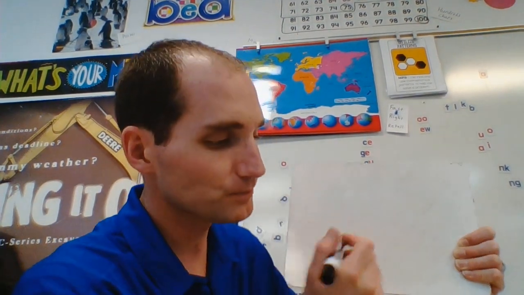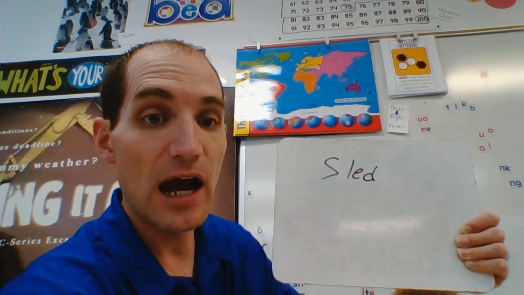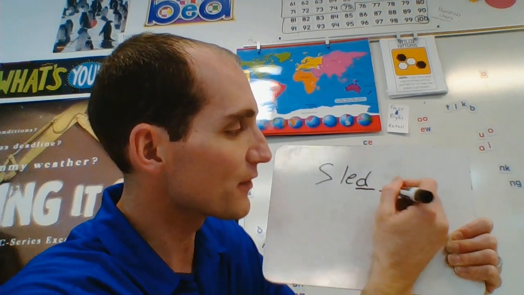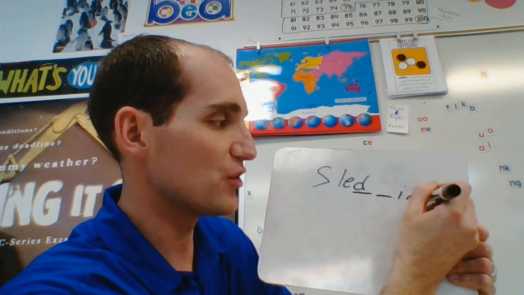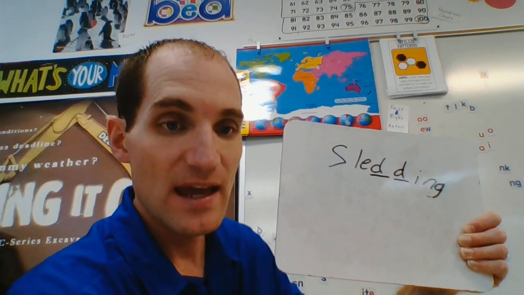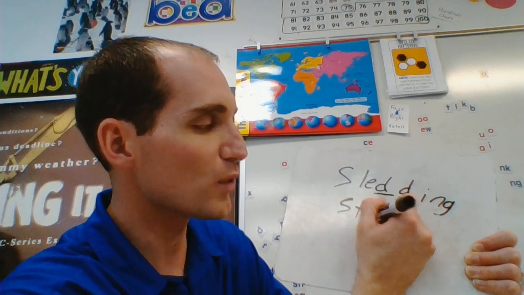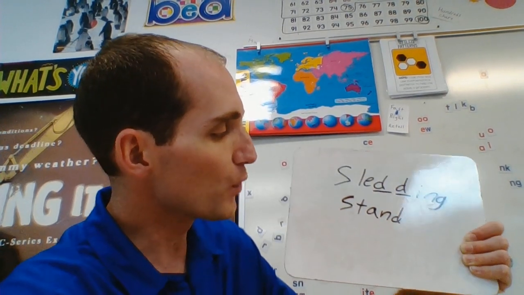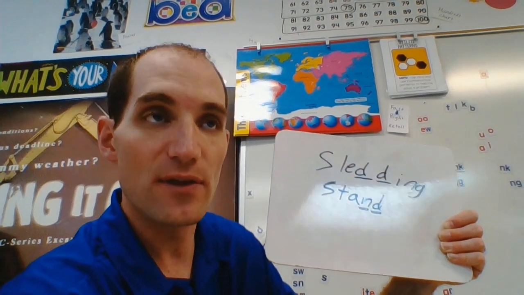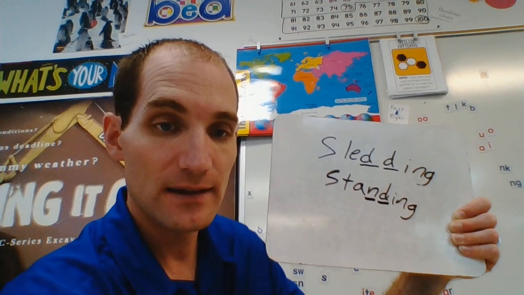Let's think of another example. How about the word sled? If I want to write, I went sledding, I have to put one more of these, then ing. Sledding. Now, there's some words that already have two letters right there. Let's think of the word stand. The word stand already has two letters, so we don't need to put another D. We can just add the ing right away. Standing.